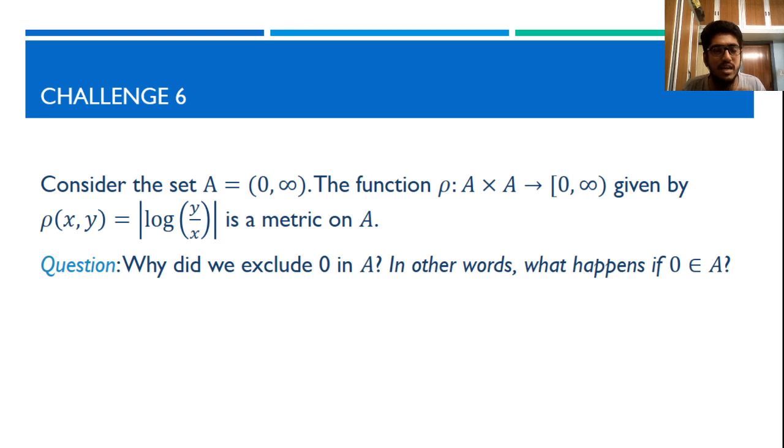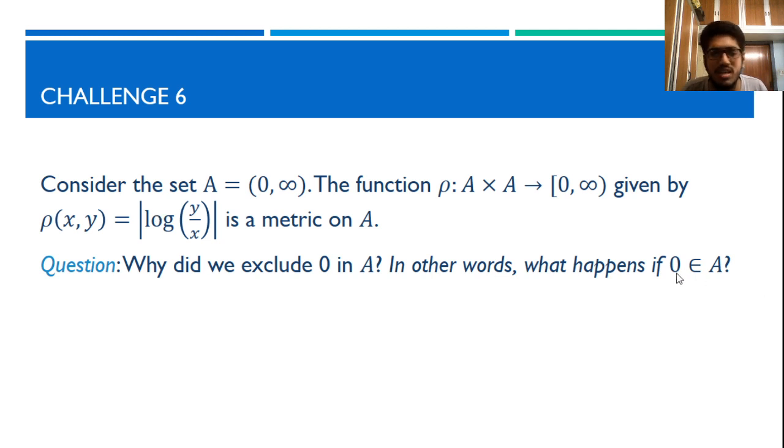Add any more numbers to it, it cannot work as a metric on that set. This works on A, but it doesn't work on any set bigger than A. That is, adding even one more element to this set can make this metric not work on the new set. So this is a really interesting example. Make a note of it.